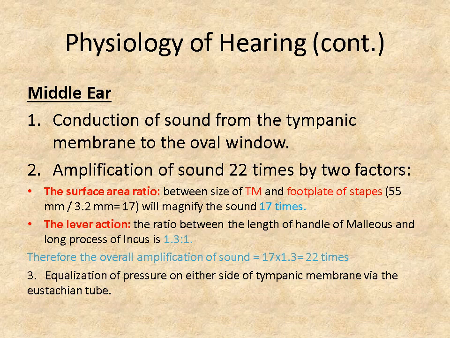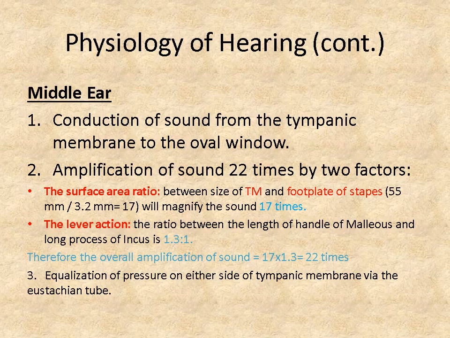The first factor is called the surface area factor, or the surface area ratio, which is the difference between the diameter of the tympanic membrane when compared to the diameter of the foot plate of stapes at the oval window. The second factor is the lever action of the ossicles.